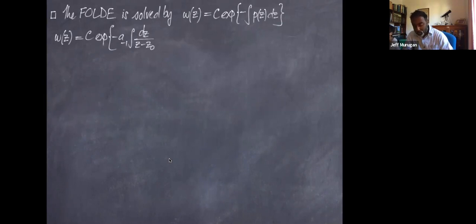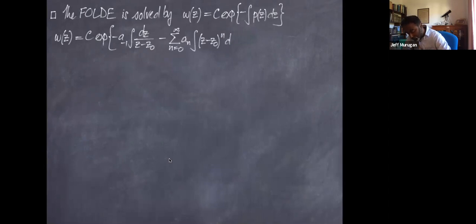That's the -1 contribution, minus the sum from n equals 0 through to infinity of an times the integral of z minus z naught to the n dz.